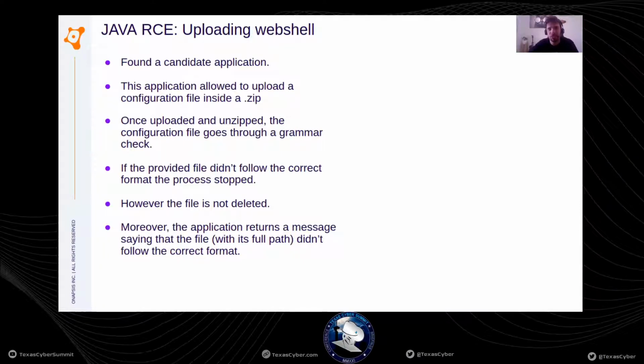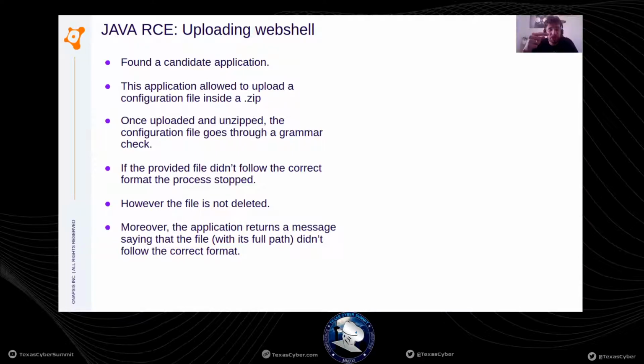This application allows you to upload a configuration file inside a zip file. But if the file that you compressed and uploaded doesn't follow a certain structure, after decompressing, the application will read that file and fail because it doesn't follow the correct structure, but it will never delete that file.